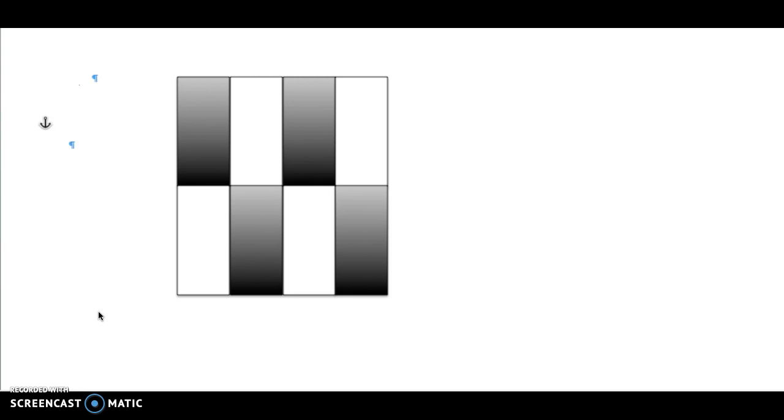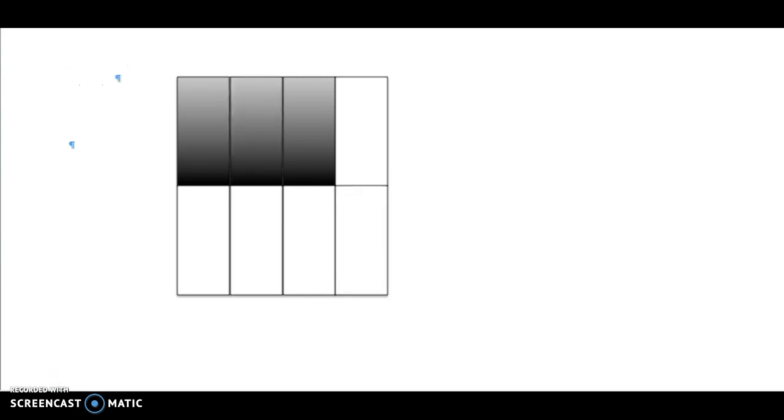As 4 is half of 8, the shaded part is 1/2, or a half. Okay, so in this diagram, 3 of the 8 equal parts are shaded. So the fraction that is shaded is 3/8.